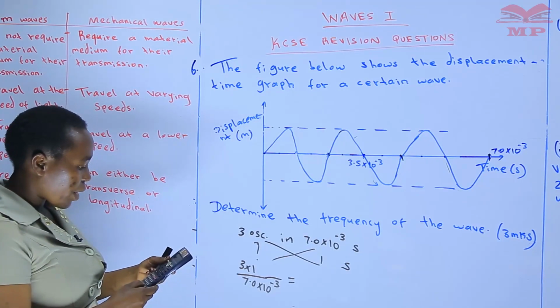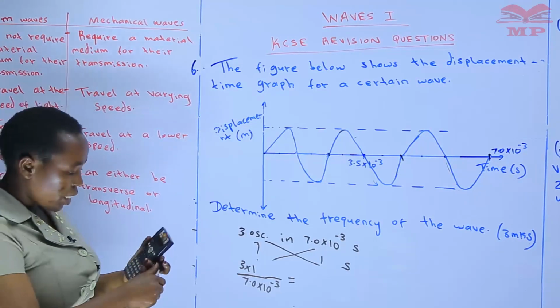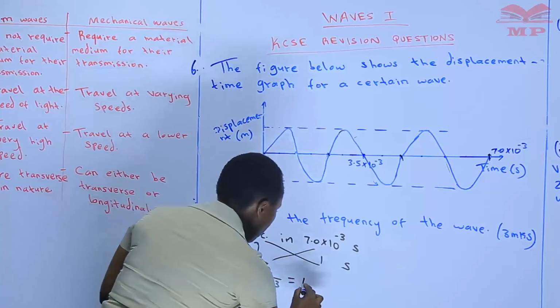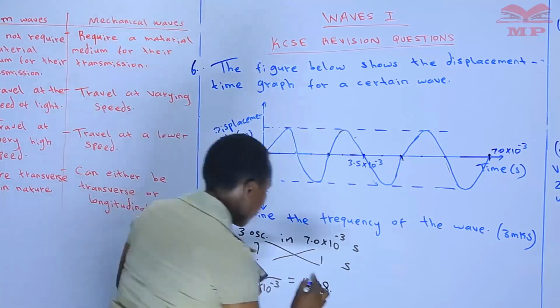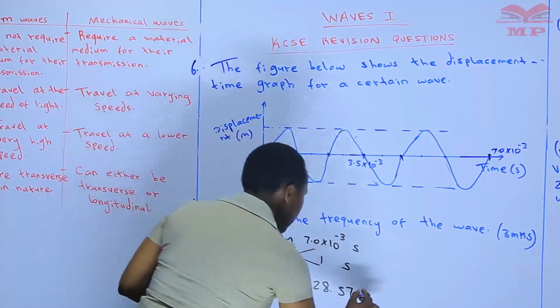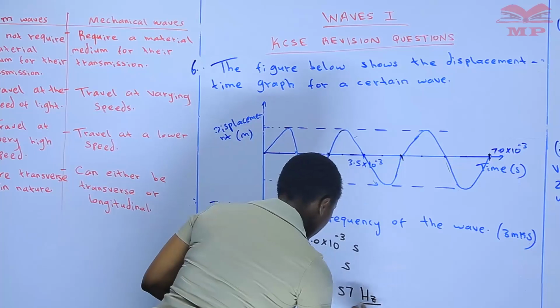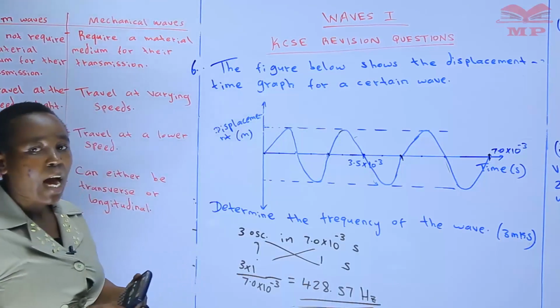So what do you end up getting? We can write it to 2 decimal places. So we are going to have 428.57. And this is frequency. So it is 428.57 Hertz.